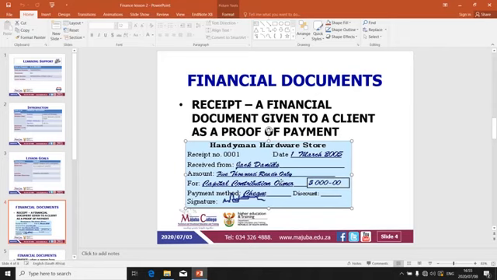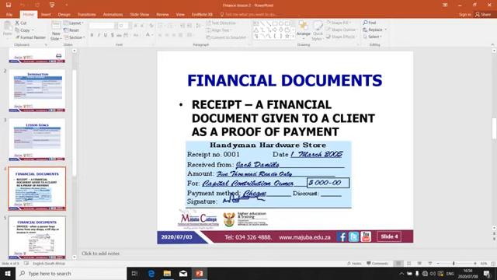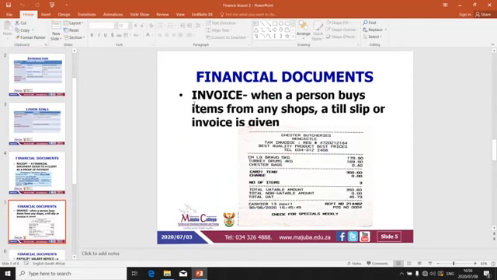What is this money for? It is the capital contribution, owner. It was paid by check, not in cash. So it must have the signature of the person who has collected the money.